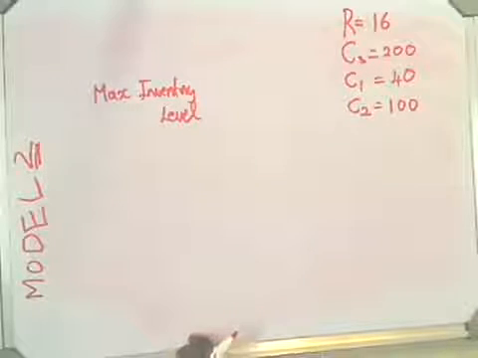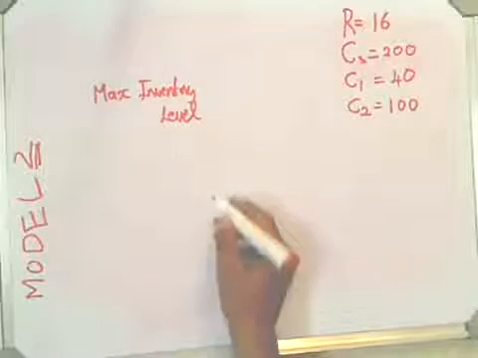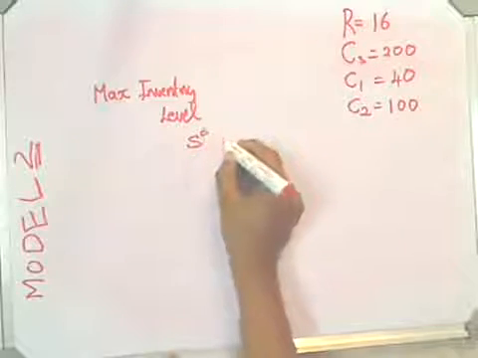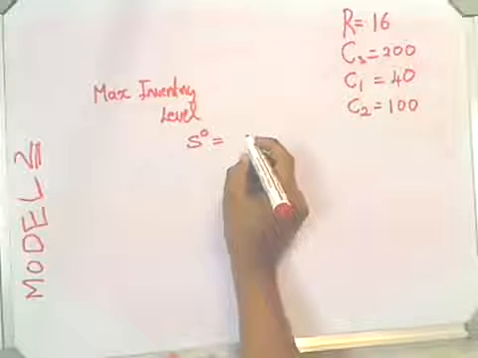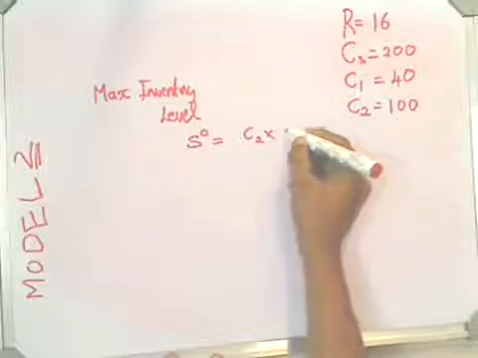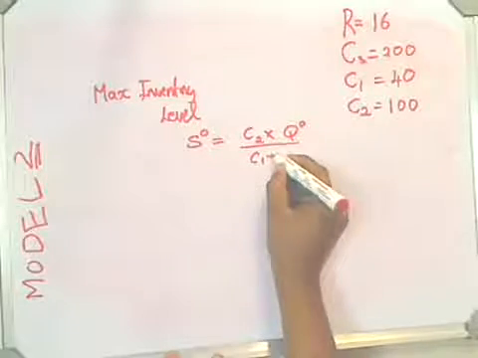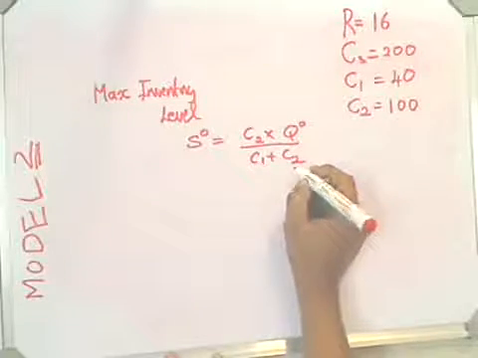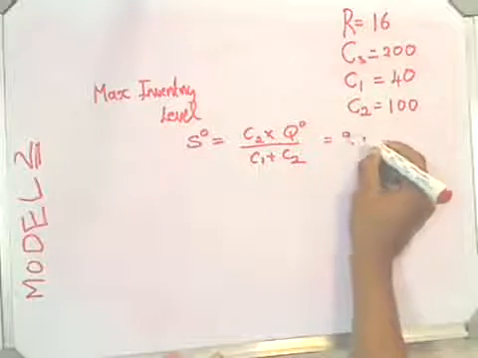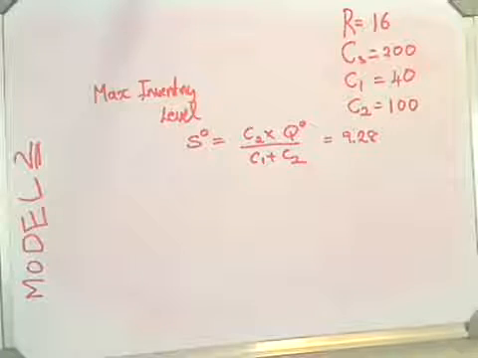Now here, because you're allowing a shortage, you consider a different way of calculating the maximum inventory level. S naught equals C2 multiplied by Q naught divided by C1 plus C2. Now this should give you 9.28. Okay, 9.28 should be the answer that we should be able to get.